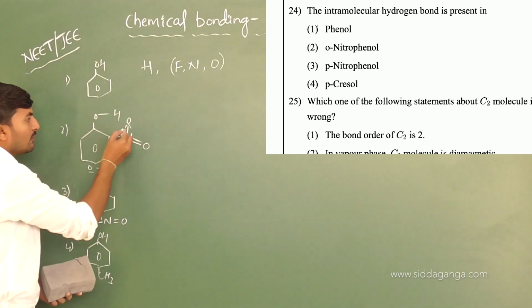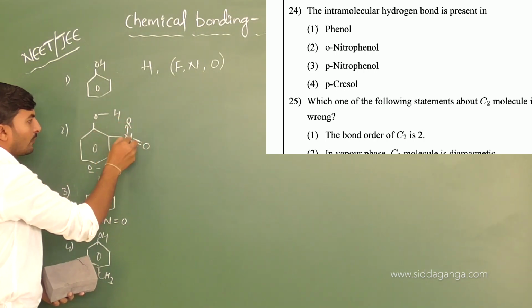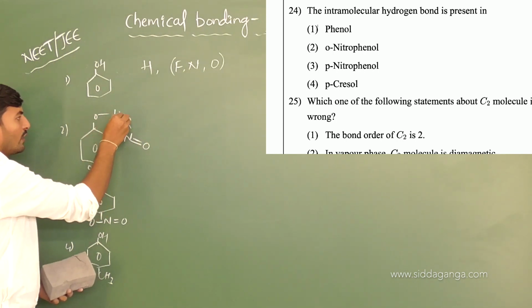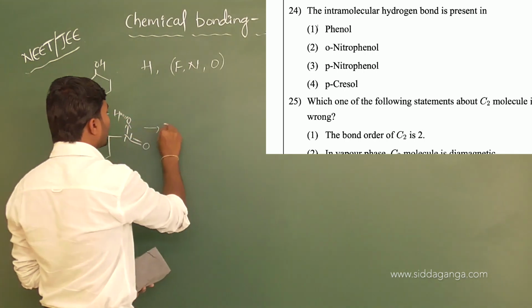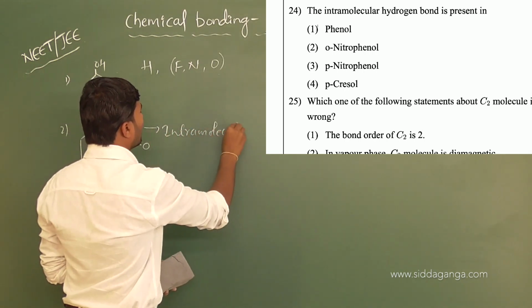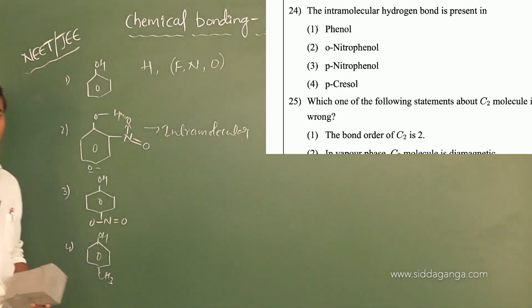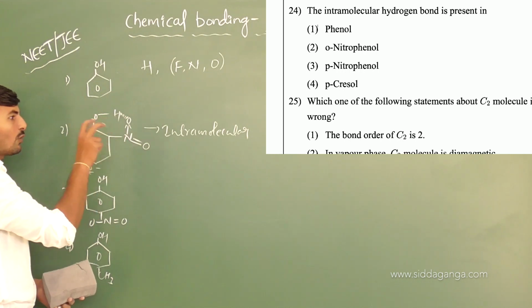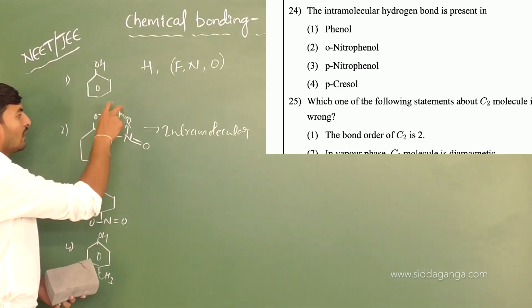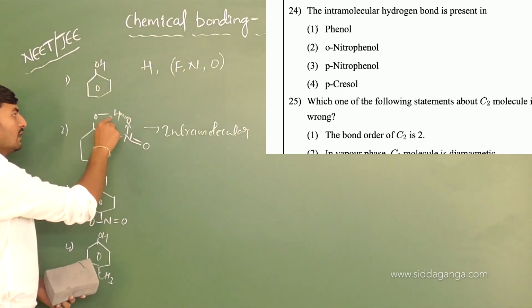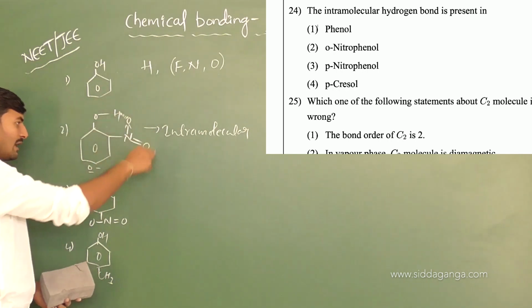Between the oxygen atom of the NO2 group and the hydrogen atom of the OH group, intramolecular hydrogen bonding is generated. Which bond is it? Intramolecular hydrogen bonding, because the hydrogen bonding takes place between the most electronegative atom like oxygen and the hydrogen atom of the same molecule.